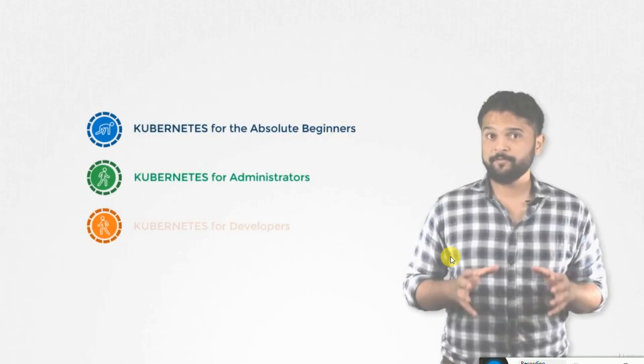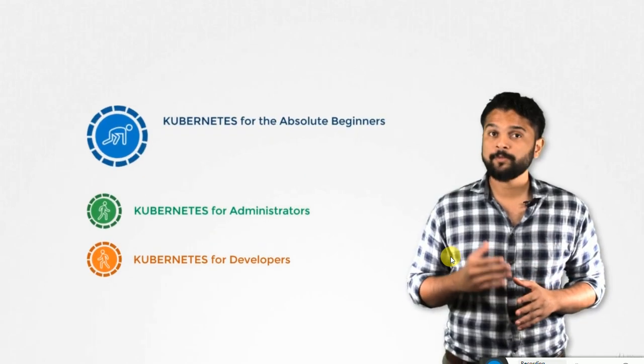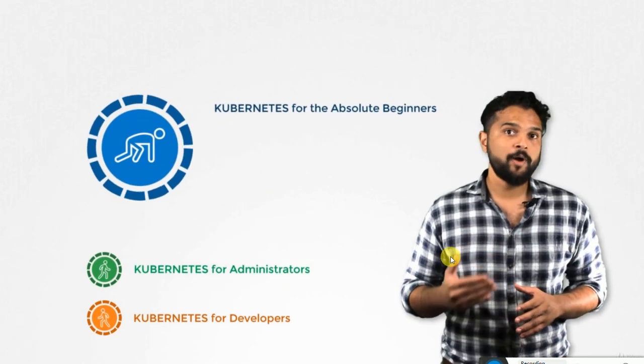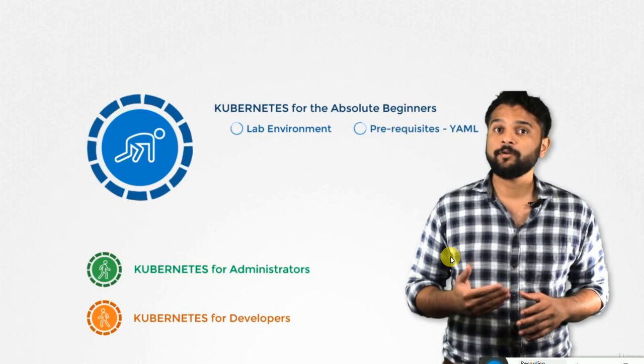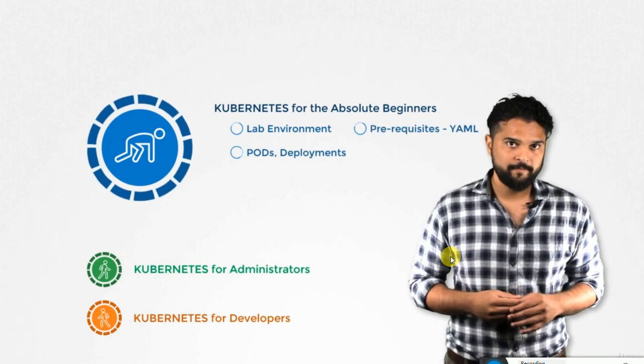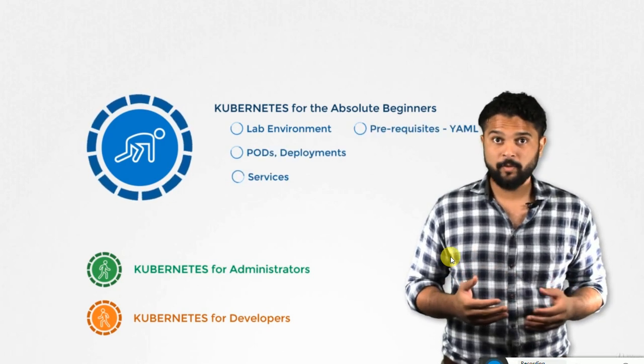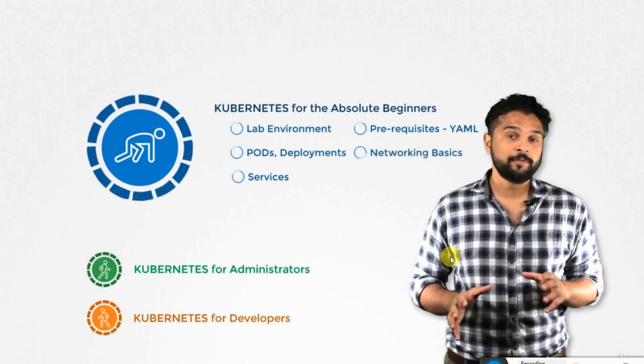The Kubernetes for the Absolute Beginners course helps a beginner having no prior experience with containers or container orchestration get started with the concepts of Kubernetes. As this is a beginner's course, we do not deep dive into technical details.